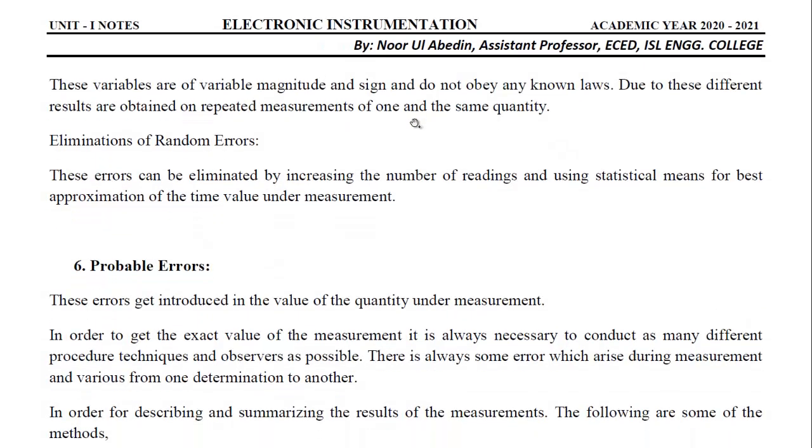Now how can we eliminate this error? This error can be reduced by increasing the number of readings and using statistical means for the best approximation of the true value under measurement. Means the number of iterations should be increased. Because this error is residual, it is 100% there. It cannot be eliminated or removed.